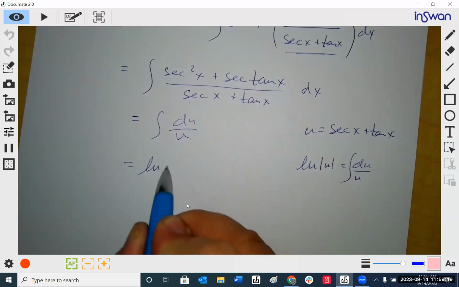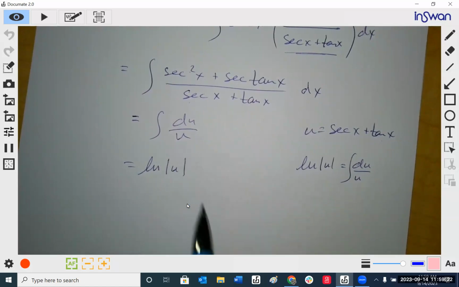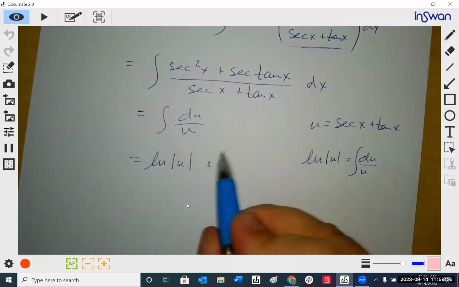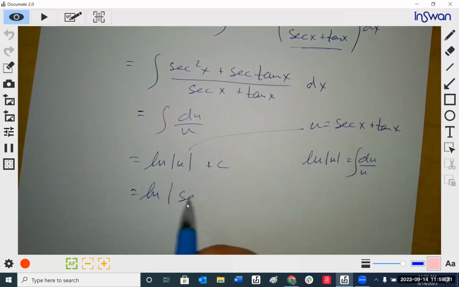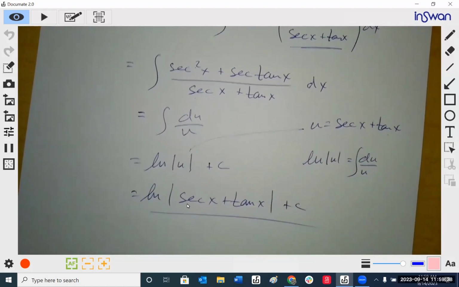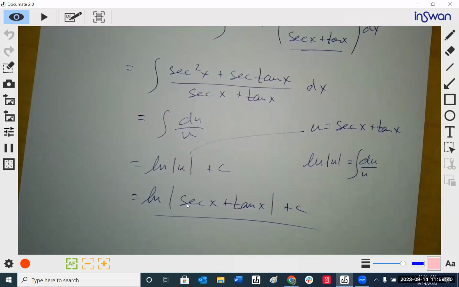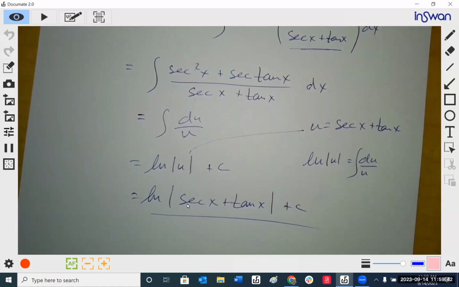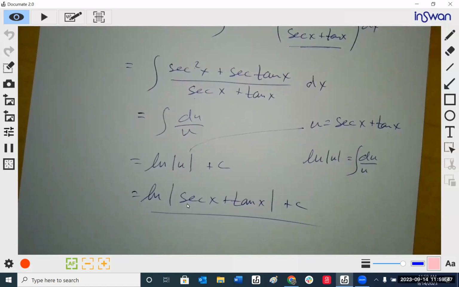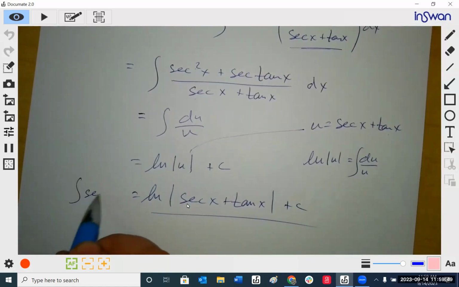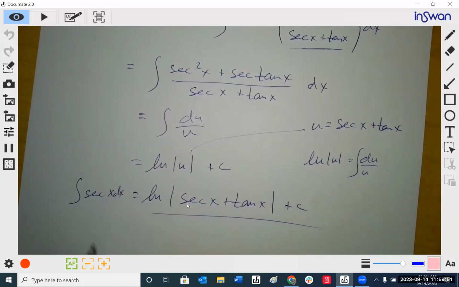So it's going to be ln absolute value of u plus c, and u is secant x plus tangent x. So that's the integral of secant x dx.